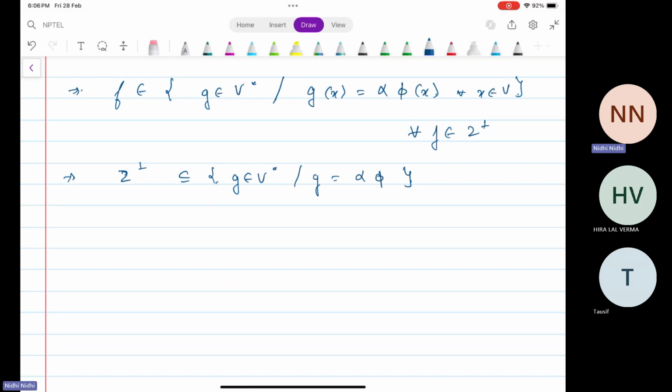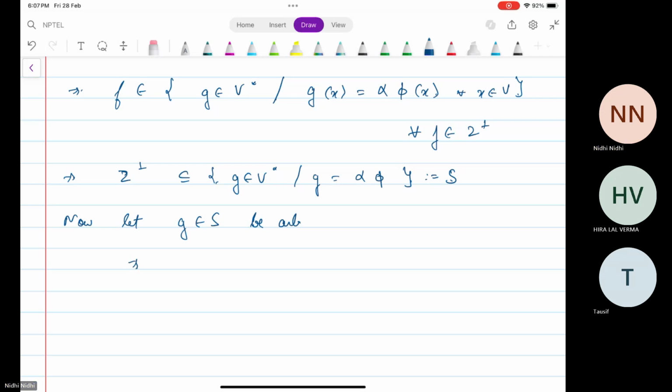Now we'll show that this subset is actually equal. So for equality, we need to show that the bigger set is contained in the smaller one as well. If I denote this as some set S, let G belonging to S be arbitrary.